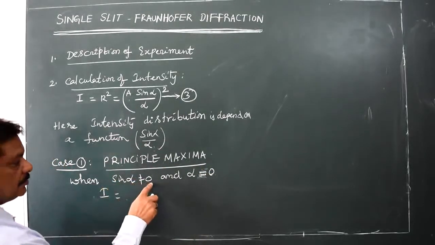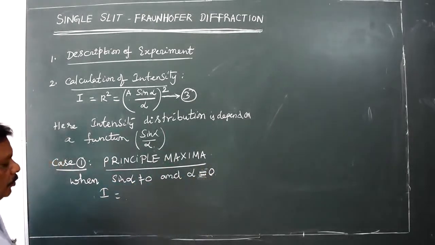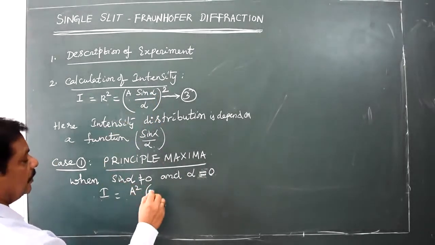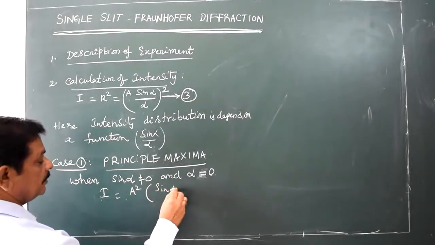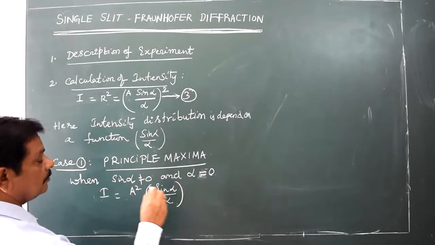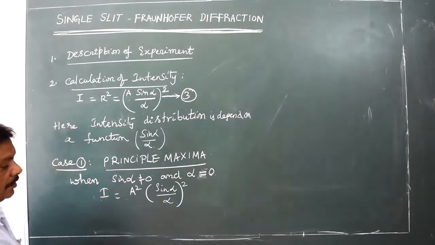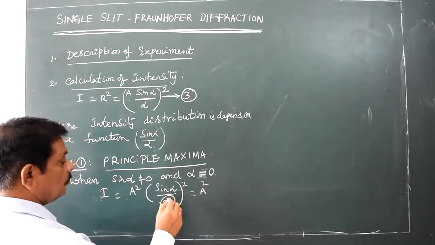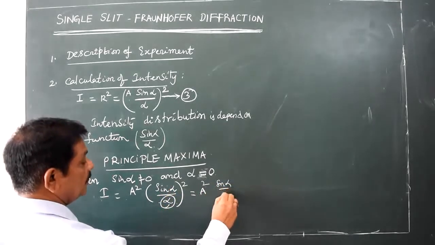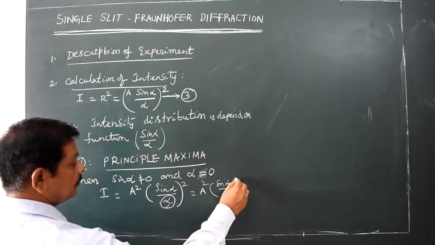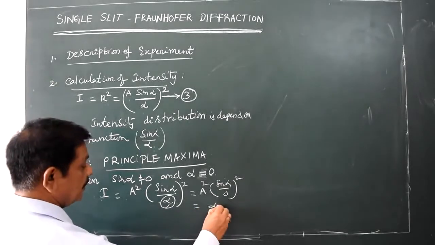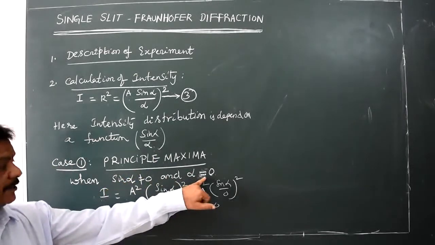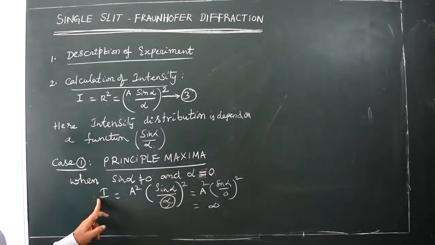Then the intensity I is equal to a square (sin alpha divided by alpha) whole square. Here alpha is 0, so sin alpha by 0. Anything by 0 is what value? Infinity. Means this value is infinity. So when sin alpha is not equal to 0 and alpha is equal to 0, the intensity becomes infinity.